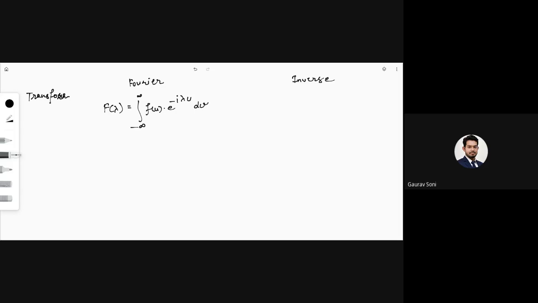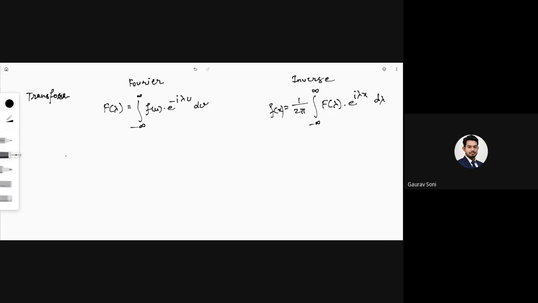And the inverse Fourier transform is given by 1 upon 2 pi integral from minus infinity to plus infinity of capital F of lambda e to the power i lambda x d lambda. So when you solve this, you will get f of x.